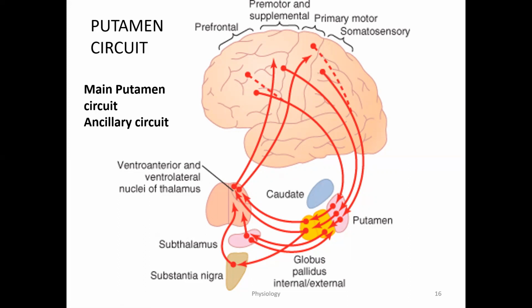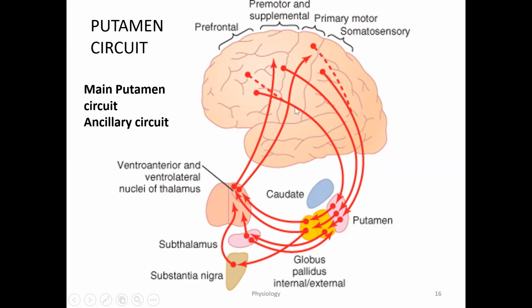Now, what is the main putamen circuit? Input is from these 3 areas, and they enter into the putamen, and from the putamen they enter into the globus pallidus internal segment. This yellow is the globus pallidus external segment and the globus pallidus internal segment.